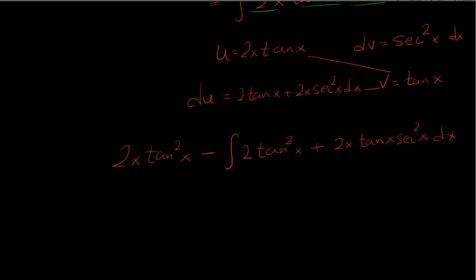So at this point, I'm going to split up this integral into two integrals. And keep in mind this negative is going to distribute over here, so it'll be minus the second integral.